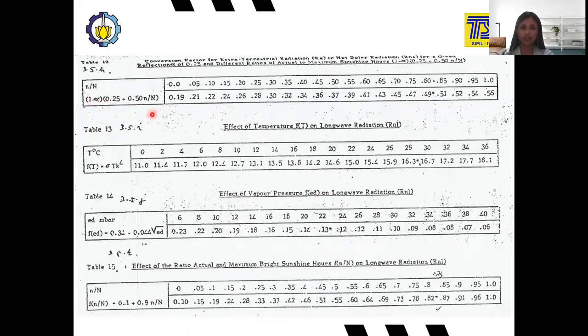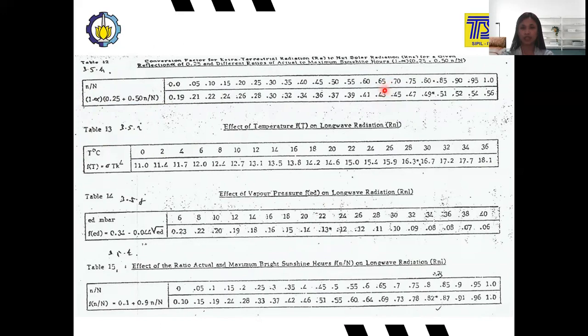There are already results for this equation here, depending on the n/N. So if n/N is equal to 0.7, the result of this equation is 0.45.